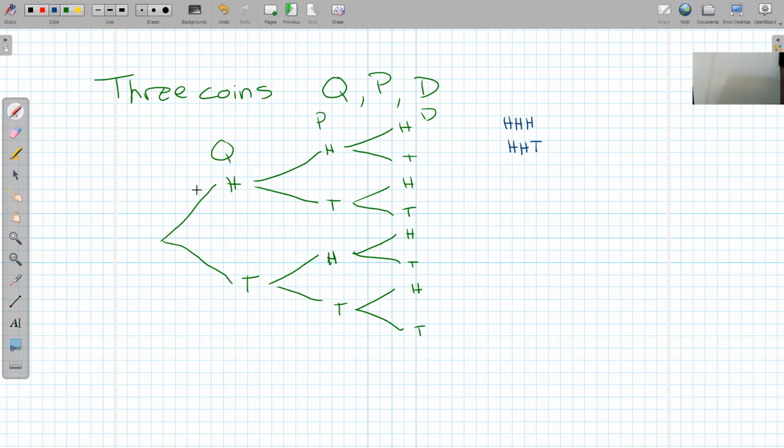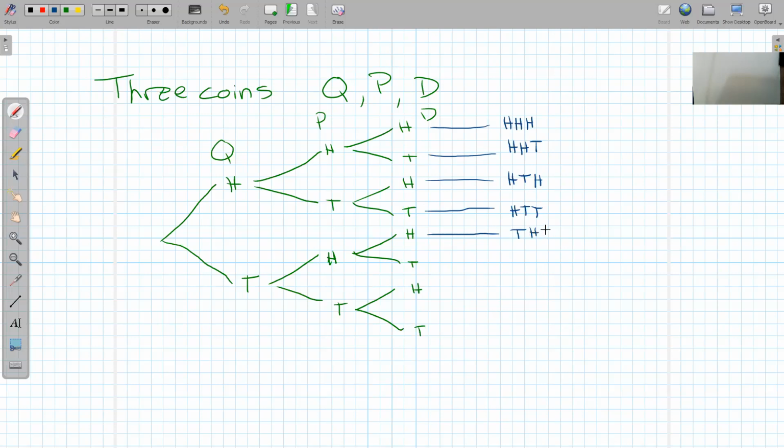And people have written computer programs to do that. I'm kind of done with this top row up to the penny, so I have to jump down to the penny's tail. Head, tail, head. And often what I do when I'm making these trees, I'll kind of draw out from each of these to make sure I don't miss anything. Head, tail, tail.